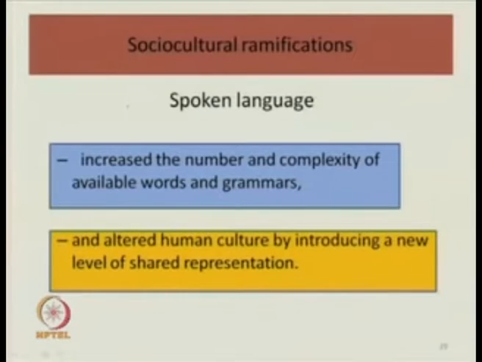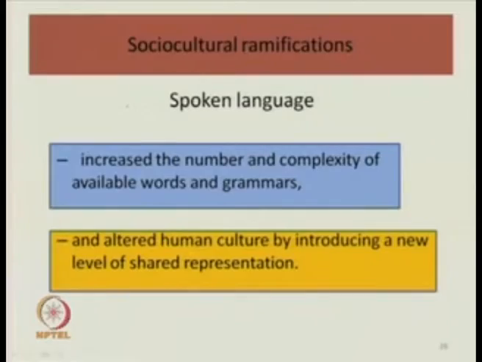Then the sociocultural ramifications of this second phase was that it increased the number and complexity of available words and grammars. Obviously there's going to be a syntax now. If you need a linear and a causal system of representing events, then you would obviously need a grammar, right?